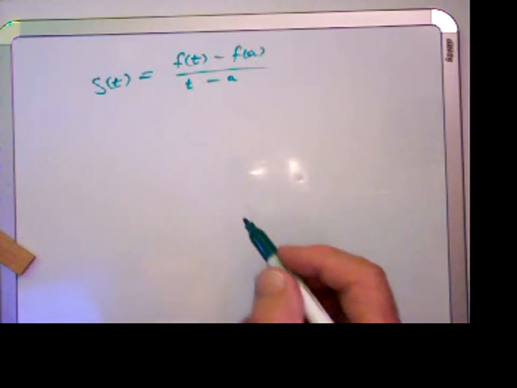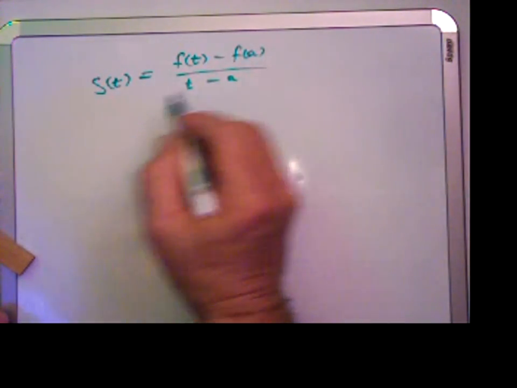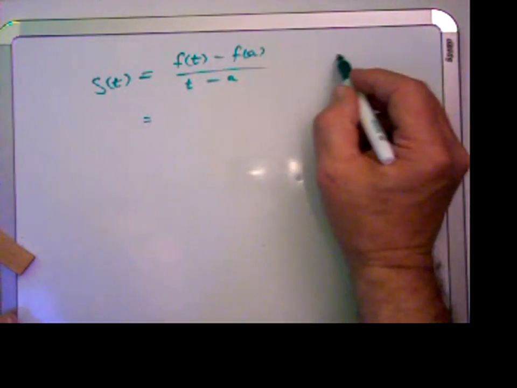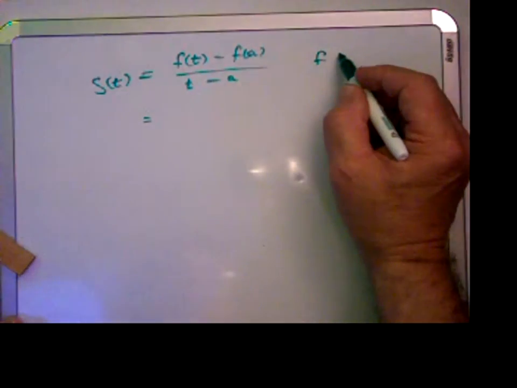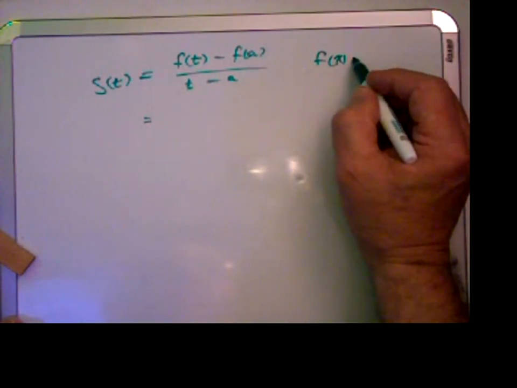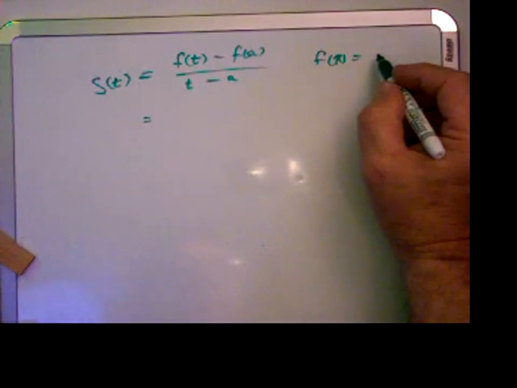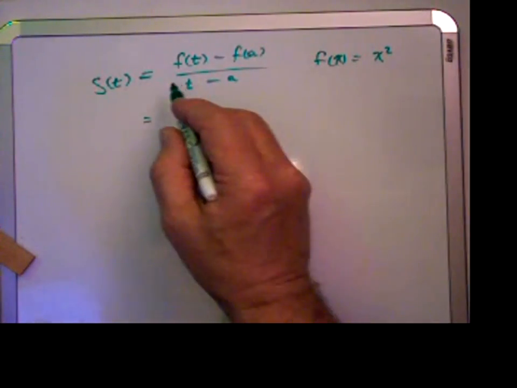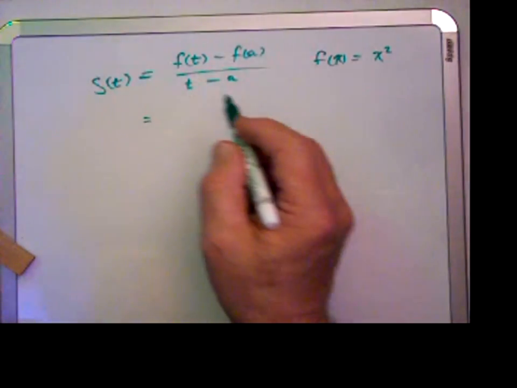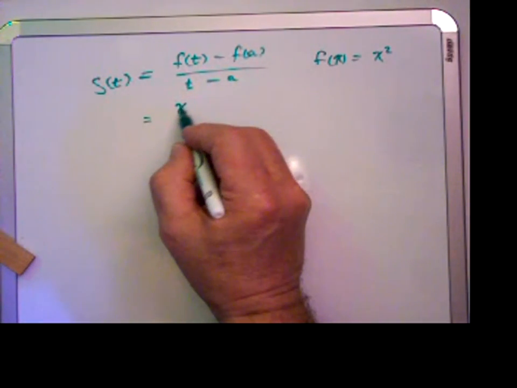Now, in this case, f of any value, call it x, is x squared. So what would this be? Oops, not x squared, it's t there.